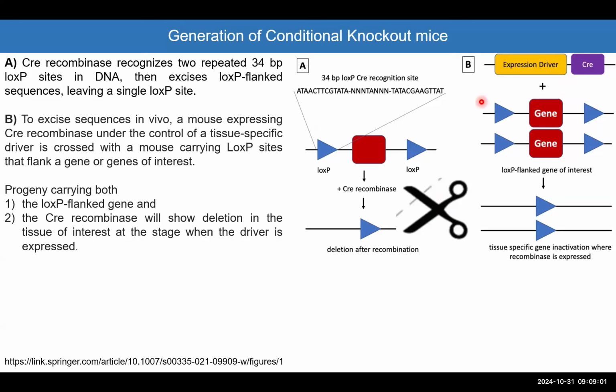And then you cross these together. And then the Cre that is generated is going to remove that gene, and you will end up deleting that gene. So you have to generate 2 different mouse lines, cross them together, and then look at the results. Okay? And please stop me if you are lost.